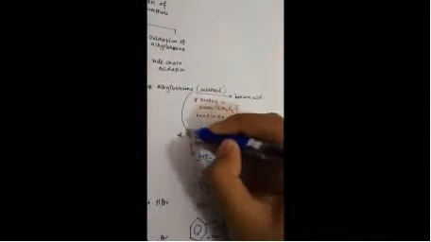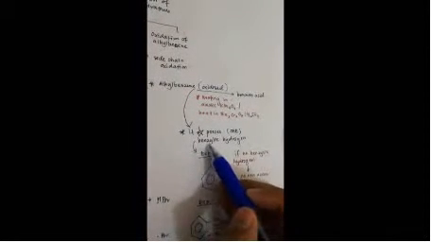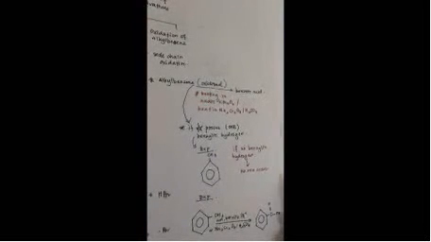For this oxidation process, it must possess at least one benzylic hydrogen. A benzylic hydrogen is a hydrogen atom bonded to a carbon atom which is bonded directly to the benzene ring.